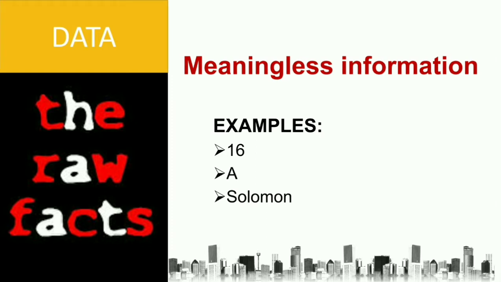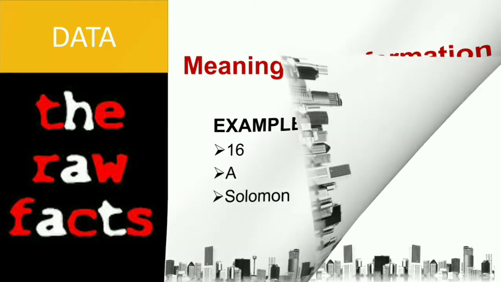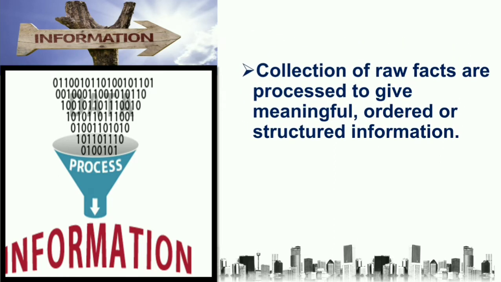When all these data are processed, we get information. So let's see what is information. Information is a collection of raw facts that are processed to give meaningful, ordered or structured information. So to generate meaningful information, first of all we need data. After the process we get information.